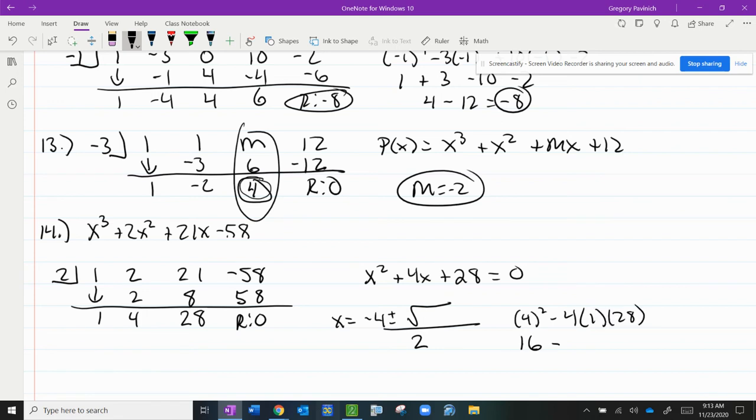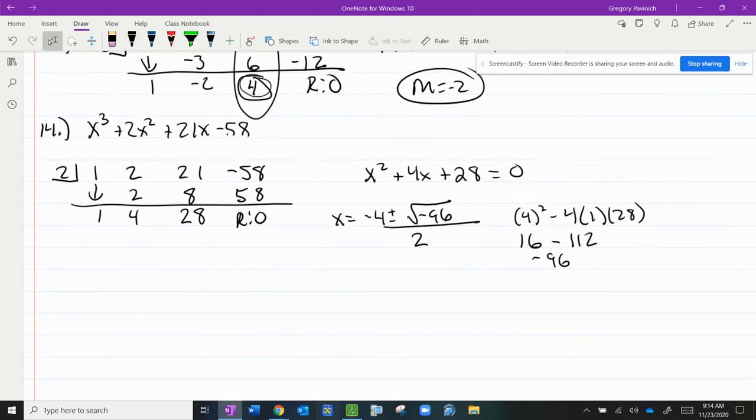16 minus, I have to break out my calculator. You get what? 4 times 28 is 112. And then 16 minus 112 is negative 96. And then what I want to do is find factors of negative 96 that are perfect squares.